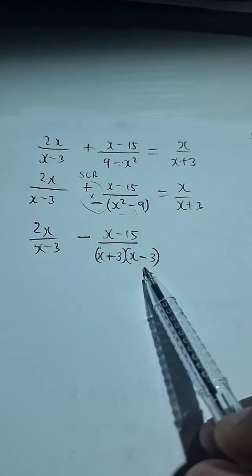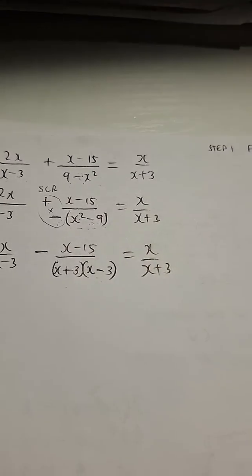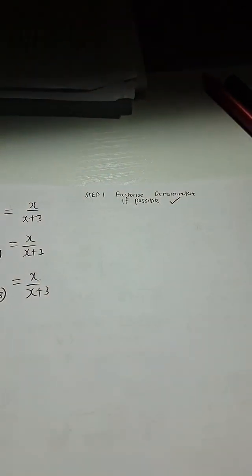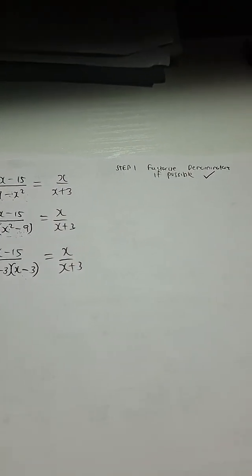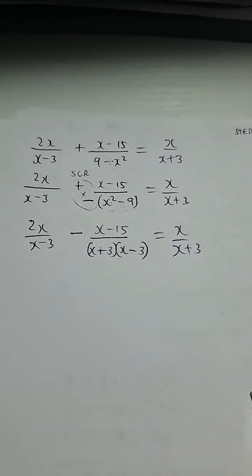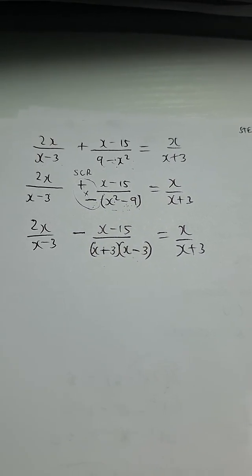So one will be positive, the other one will be negative. Then we have x over x plus 3. I would say we have officially completed step 1. Factorize fully the denominators if possible. So I think we have just done factorizing the denominators of the equation fully.